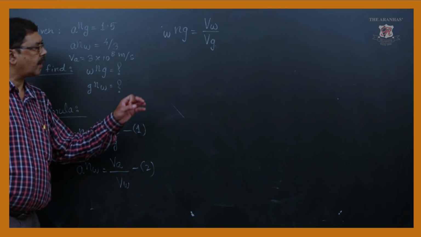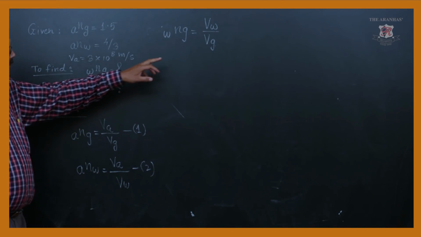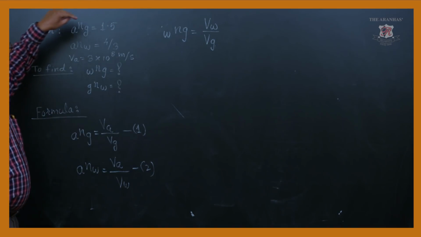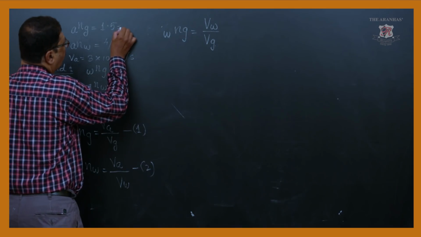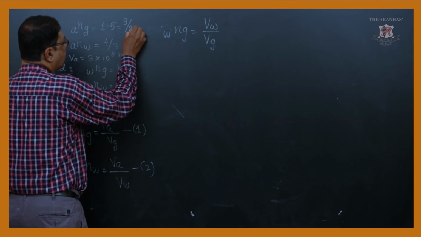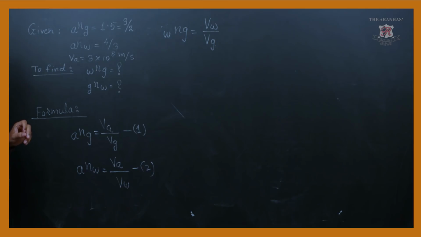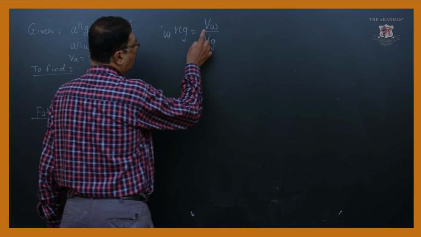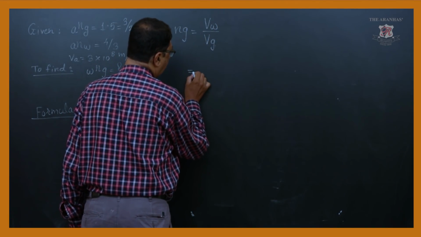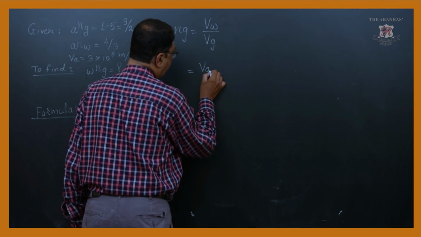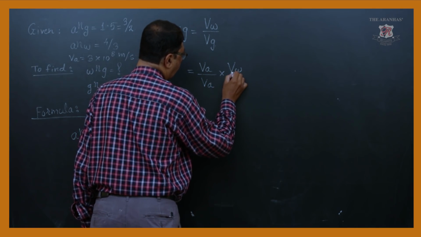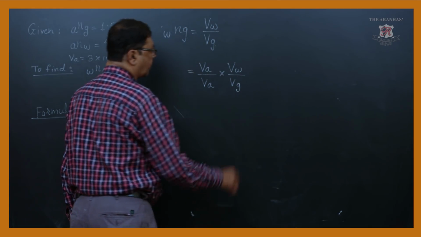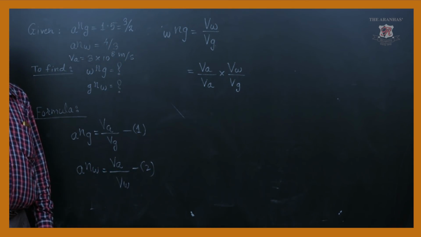How can I modify this formula in terms of these? Let us check. I will write 3/2 here for 1.5 for easier calculations. Now VW upon VG, I am writing here as VA upon VA into VW upon VG. Check whether there is any change made in the formula.